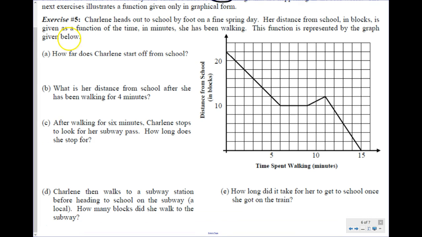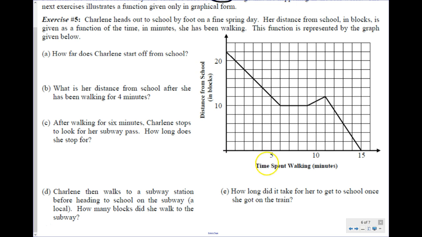So let's read the situation first. Exercise 5 says, Charlene heads out to school by foot on a fine spring day. Her distance from school in blocks is given as a function of time in minutes she's been walking. This function is represented by the graph given below. Before we start looking at the questions, let's look at the graph and try to understand what we're looking at here.